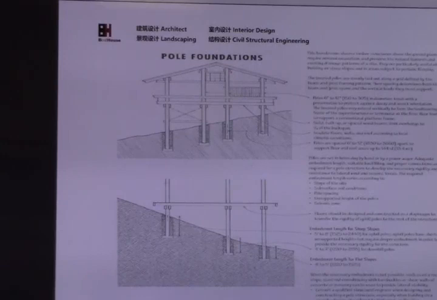This is a pole foundation. The pole foundation is a wood column, and they just bury it in the earth to support the top floor. This is very common for a deck, because if you have the deck there, you don't have a wall here.